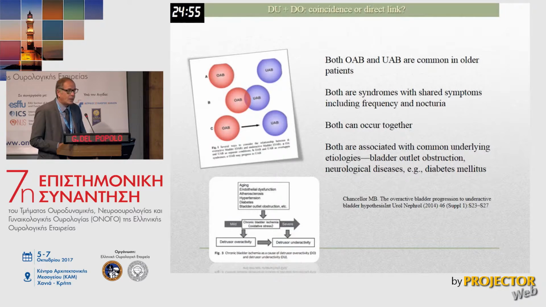And what he noted is that usually they have both, and he suggests that maybe there are multifactorial causes for DU: aging, endothelial dysfunction, atherosclerosis, hypertension, diabetes, and bladder outlet obstruction. So at the first stage, with oxidative stress, you can have detrusor overactivity.